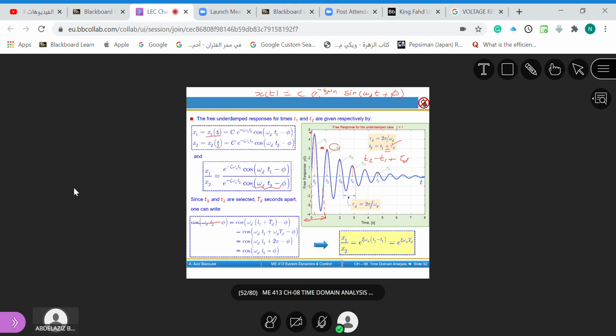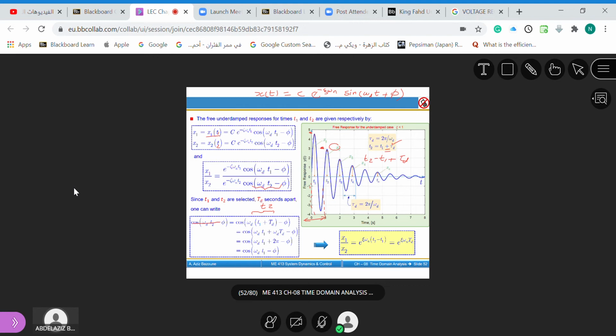So this is what we are writing. We are substituting t2 by t1 plus Td in the argument. Now, we can say this one will be cosine omega d t1 plus omega d Td minus phi.